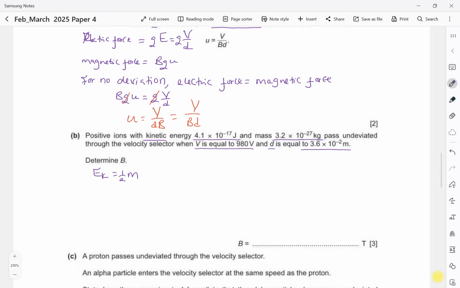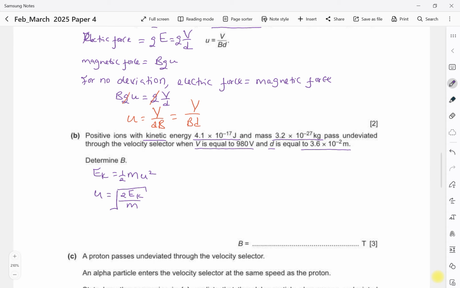a half times the mass times the speed squared, so that is times u squared. This means that u is going to be equal to the square root of twice the kinetic energy divided by the mass.